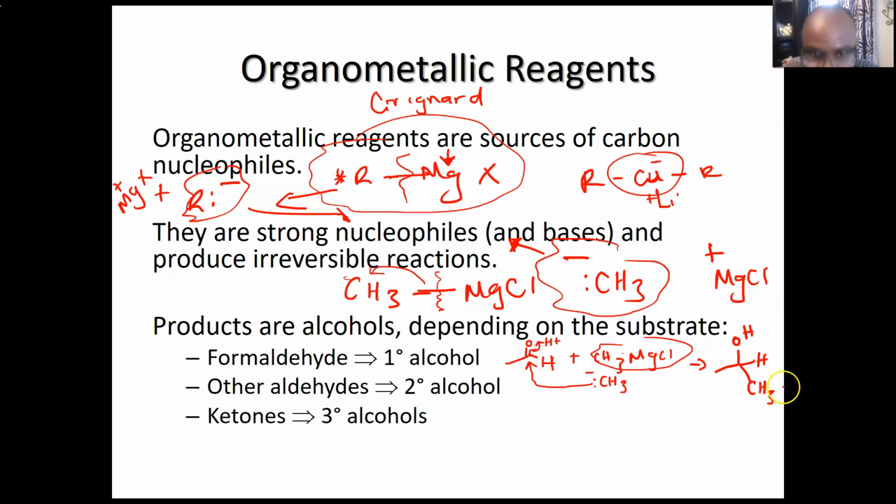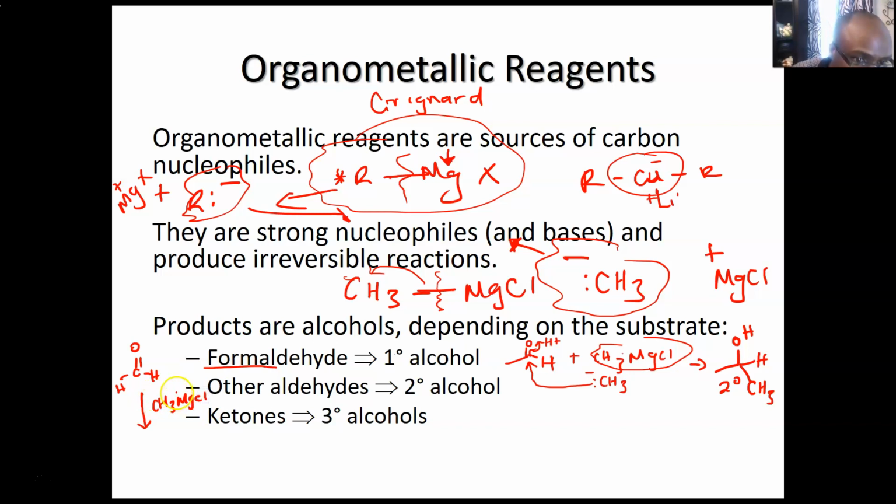So aldehydes can give you primary or secondary alcohols. In this case, we have a secondary alcohol. How do we get a primary? It's from formaldehyde. Formaldehyde is the simplest aldehyde. It has two hydrogens. So you can imagine doing the same reaction with CH3MgCl.